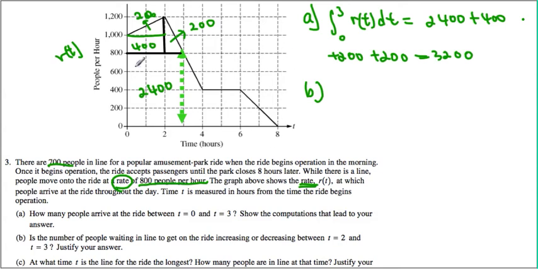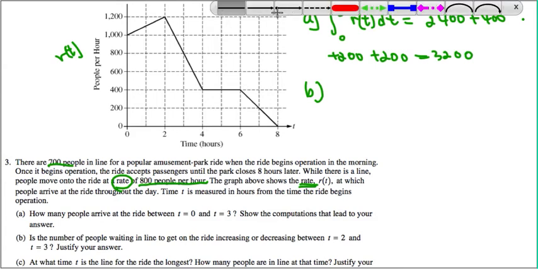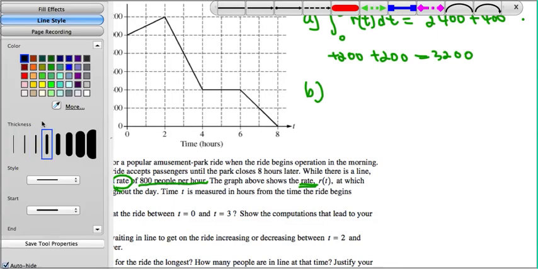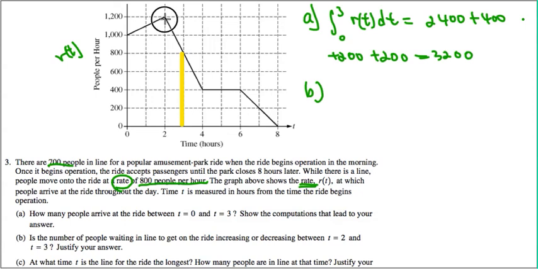I'm going to erase this portion a little bit so that we can figure out part B. Between 2 and 3, we're talking about this area, right over here.